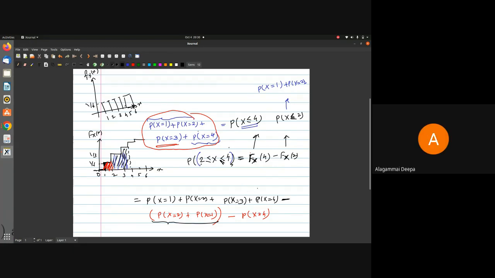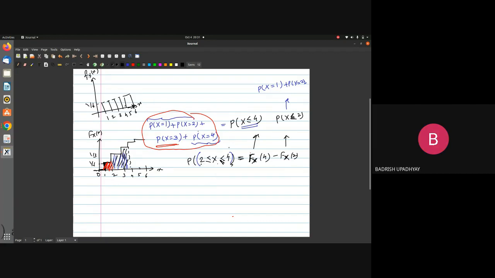2, 3, and 4. So in terms of CDF, how can I write this? Sir, in the first case, when it was 2 less than x less than 4, it was only the probability of x equal to 3, just this one, Fx of 4 minus Fx of 2. So now in this case, how can I write it? The probability of x equal to 2, x equal to 3, and x equal to 4.